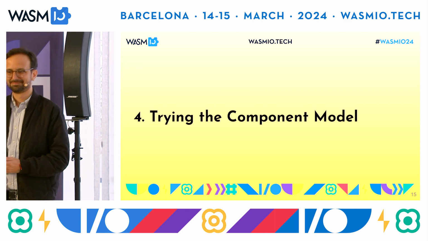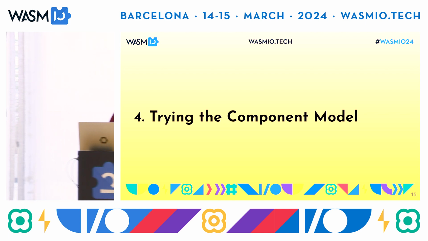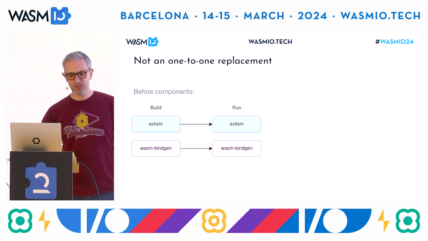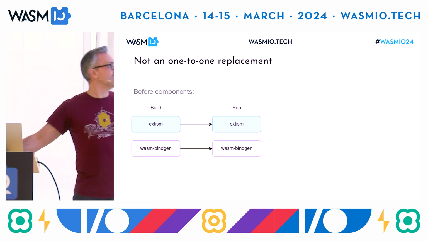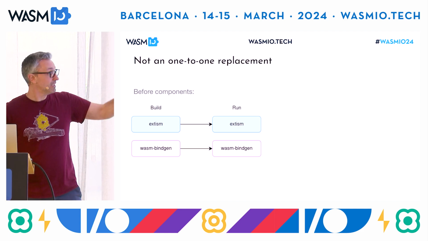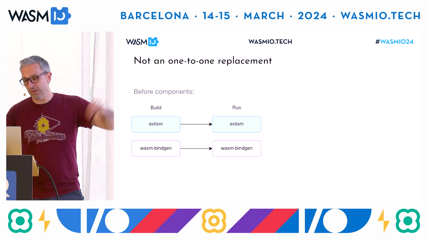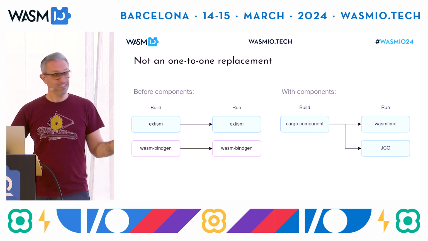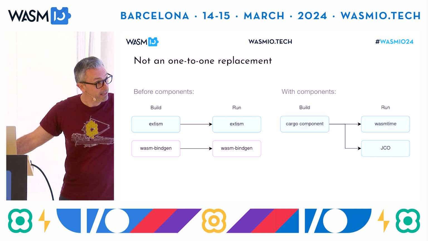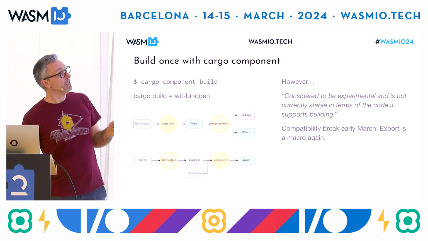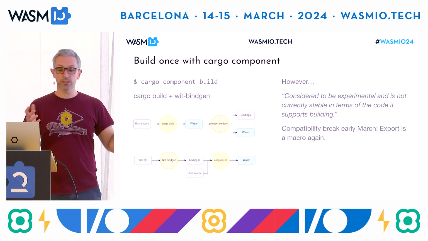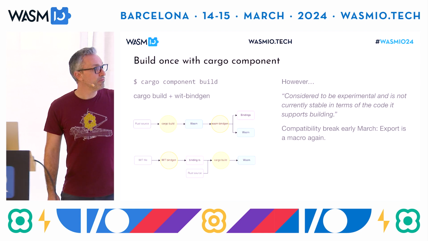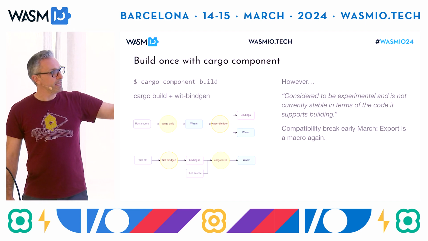Okay, so this is a more bumpy path of a technical journey trying the component model. Before, it was working, and it's working now, but the problem, 2 builds to run. With components, at least we reduce it to only 1 build to run. And we did it, and it was working well with cargo component, you probably know, because now we really love the way it's working.